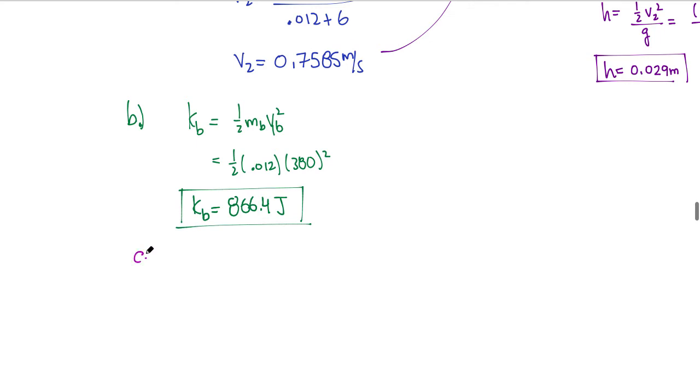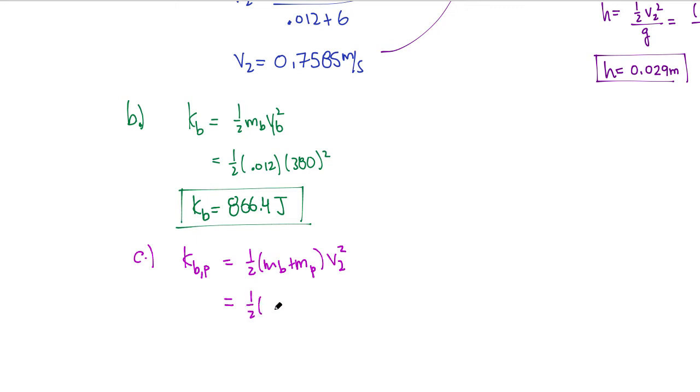So part C says the kinetic energy of the, we'll say, bullet and pendulum combo. So that will be 1/2 the mass of the bullet and the pendulum together times just V2 squared, since they're moving as one.